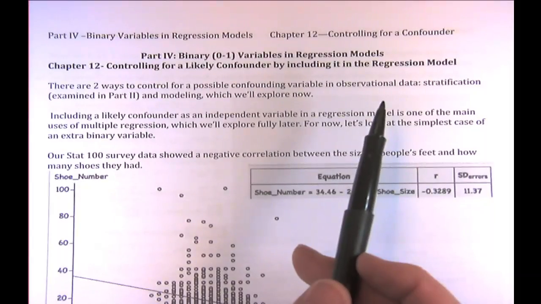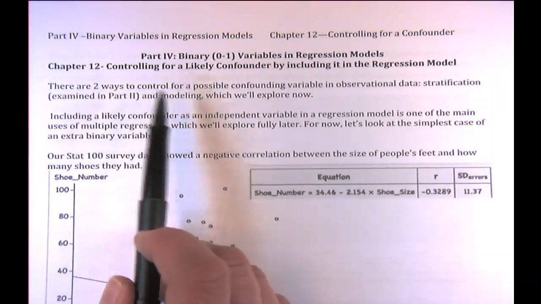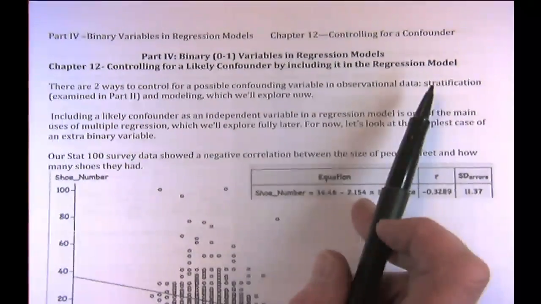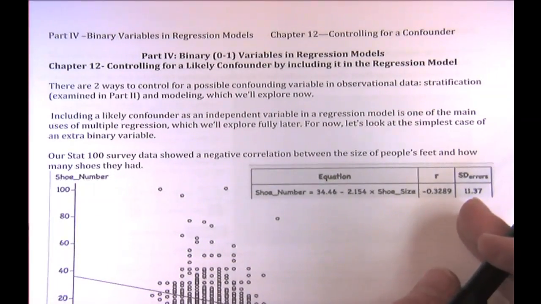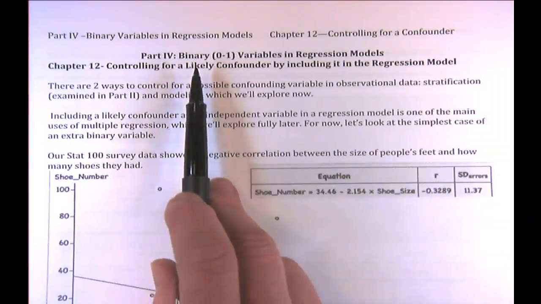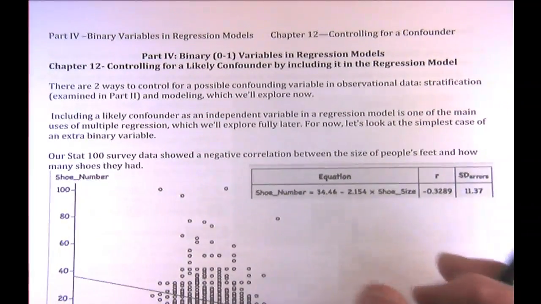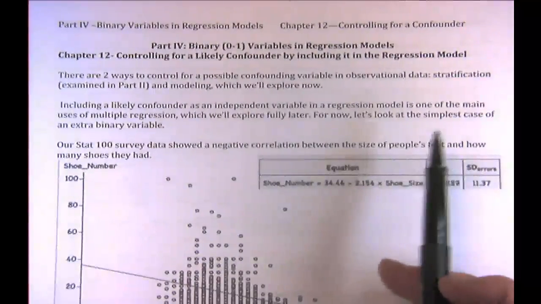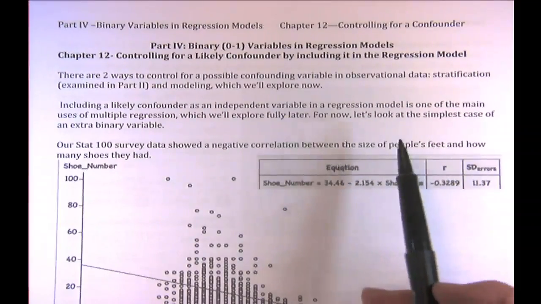And also it's a good way to see how to control for a confounder in a regression model. So we're going to be including this binary 0-1 variable, in this case gender, whether you're male or female, in a regression model. But let's just remember back to part two about causation and confounding.